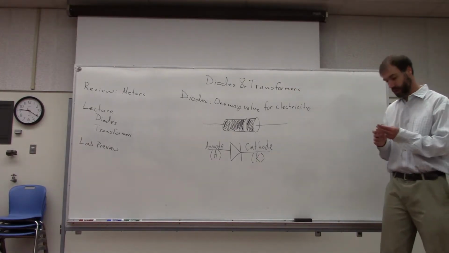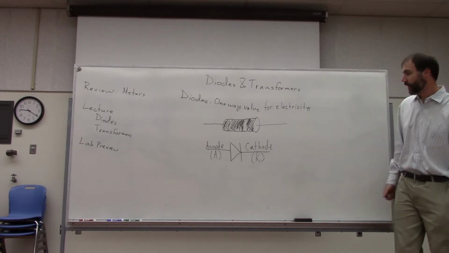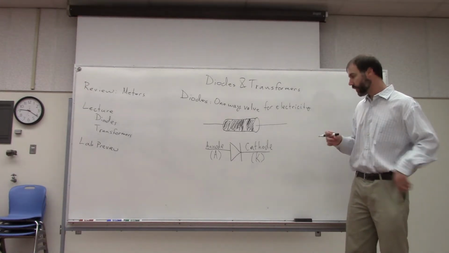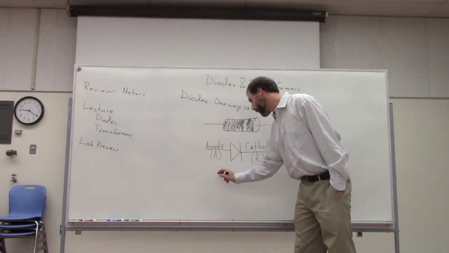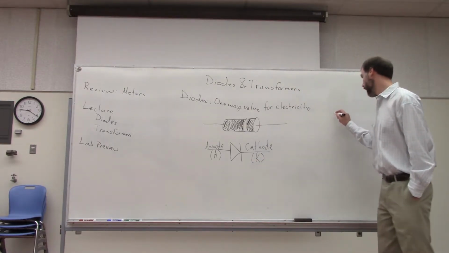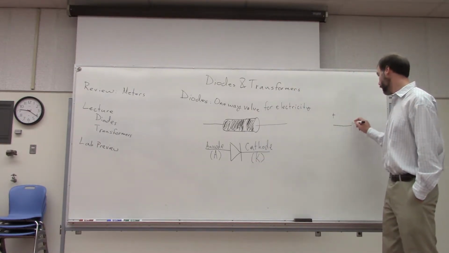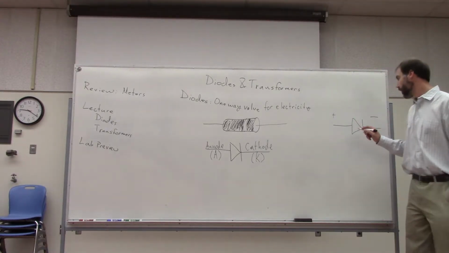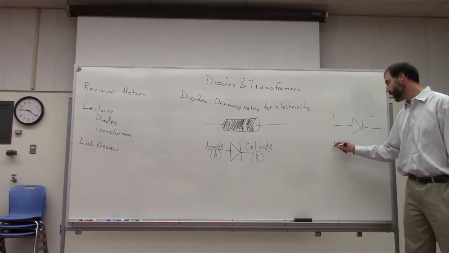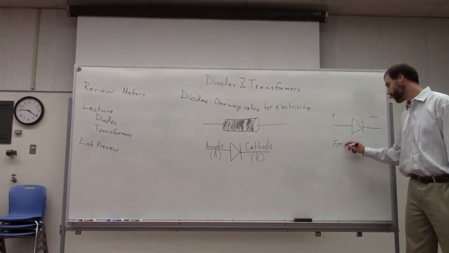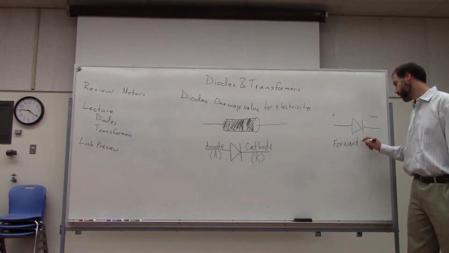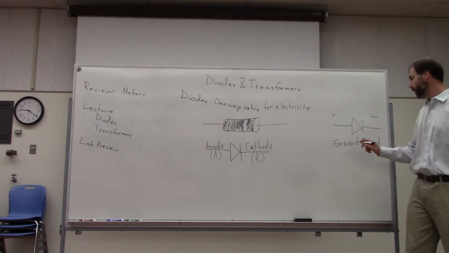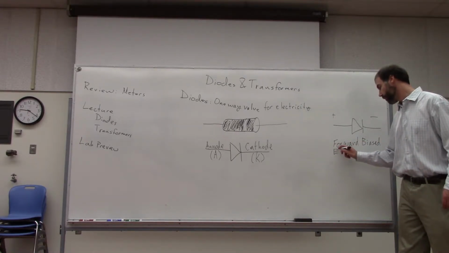Okay, so I know this because I'm an engineer. So the diode has these two sides, and if we put a positive voltage on the anode and a negative voltage on the cathode, then we say that the diode is forward biased. And in that condition, electricity can flow through it.